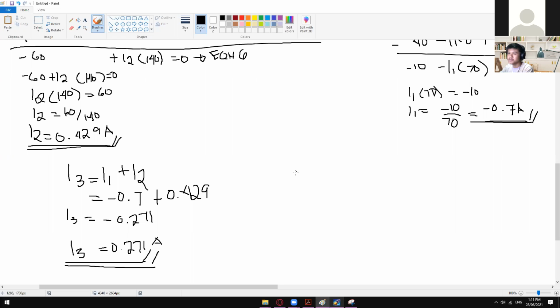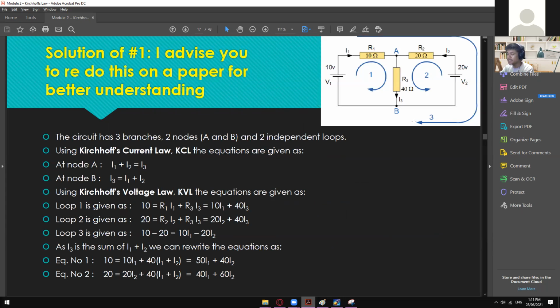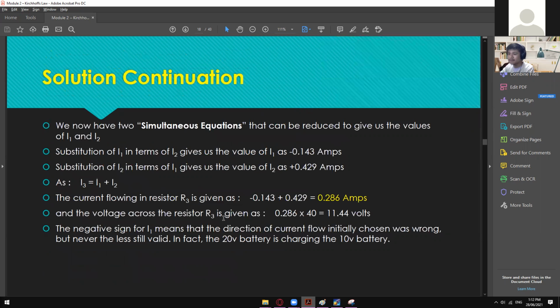But we've got the correct answer, which is 0.271 or 0.28, just with a little variation. 0.286. So I think the assumption, or the polarity they used, is the entering symbol, which is negative, and then this one will become positive, and this one positive again. Negative, positive, positive. Either of those two, you will get the same correct answer.